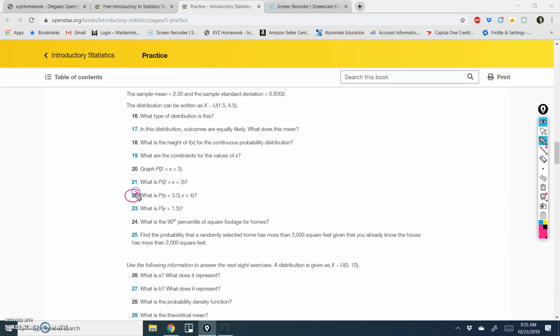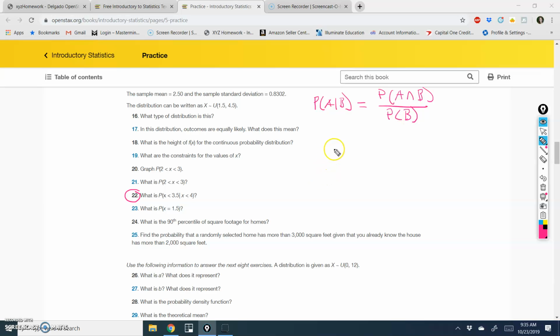22 is a conditional probability, and I'm going to start from up top because we need to remember. This is asking, what is the probability that x is less than 3.5 given, the bar is given, that x is already less than 4. If we use our conditional probability formula, p of a given b is equivalent to p of a and b divided by p of b.